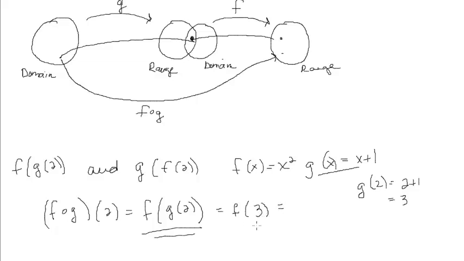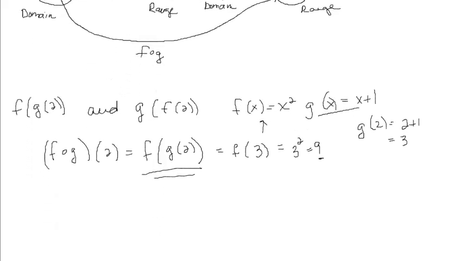How do I find f of 3? Well, I go to the f function and I replace x with 3. So f of 3 is 3 squared, or 9. So, to answer the question, f of g of 2 is equal to 9.